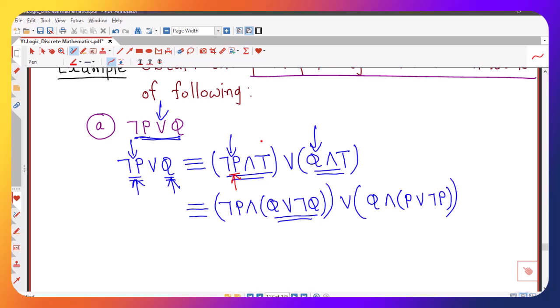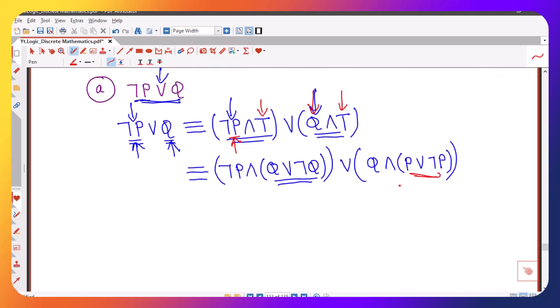So for capital T we will replace it by Q or negation Q, and we know that Q or negation Q is always equivalent to capital T. Similarly, here variable is Q, therefore we will write T logically equivalent to P or negation P.